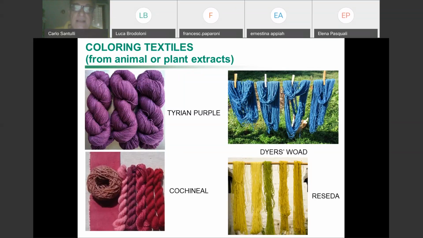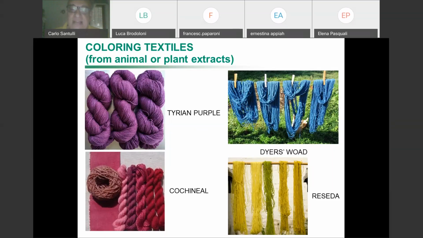The question is that a number of materials were available for painting. So basically, animal or plant extracts. One of the most popular ones was, apart from purple, the dyer's woad, which is very known as a blue color. Blue color was quite difficult to obtain because plants tend not to be blue, because it is the color of the sky.